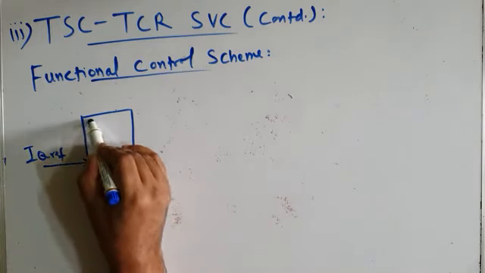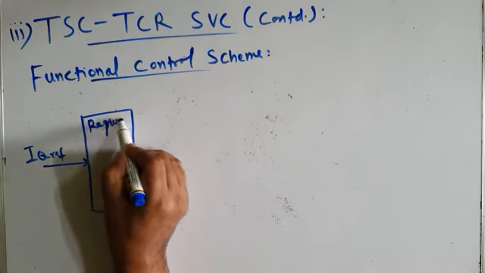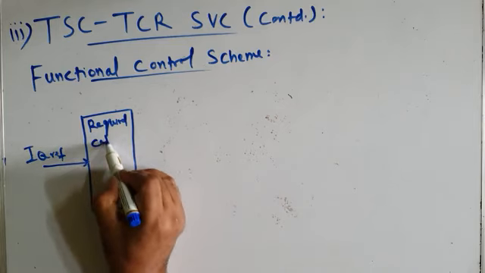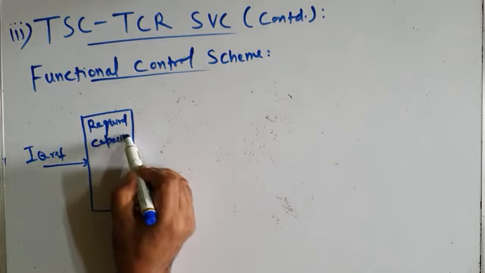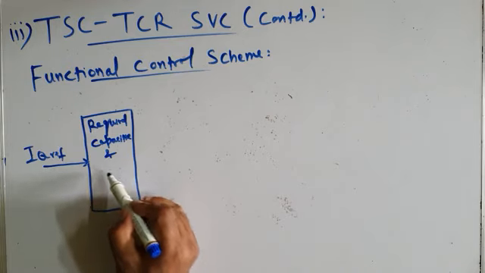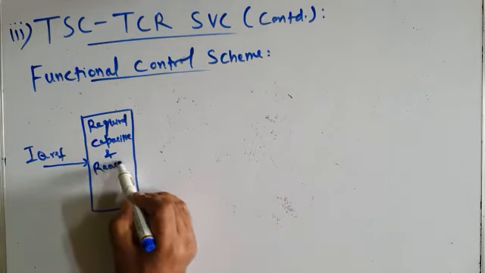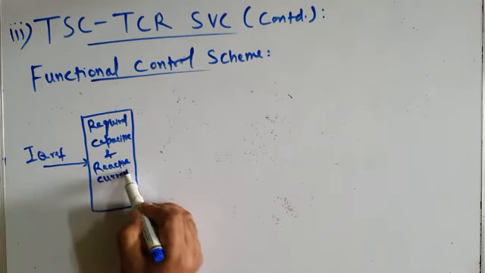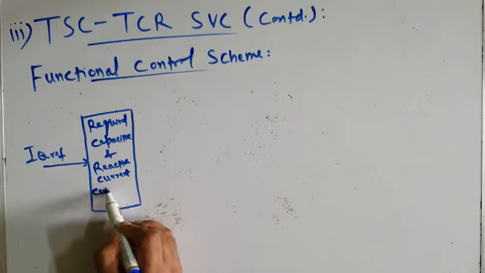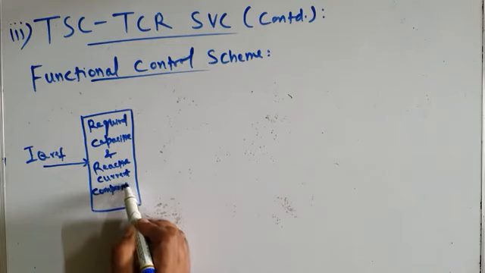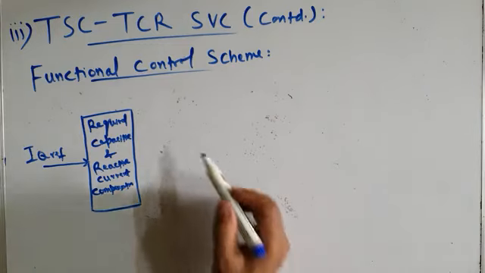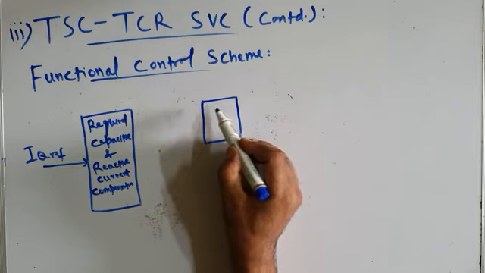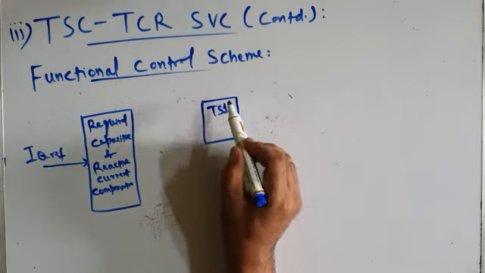Now here, this block represents the required capacitive and reactive current compensation. And then I have a block here which is thyristor switched capacitor 1.